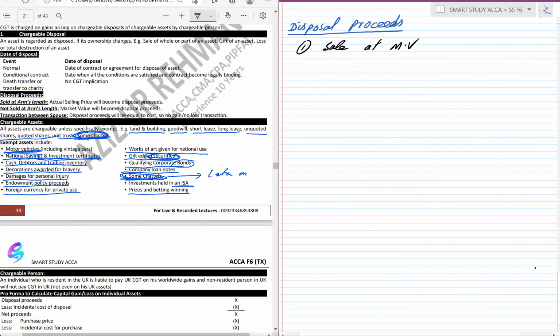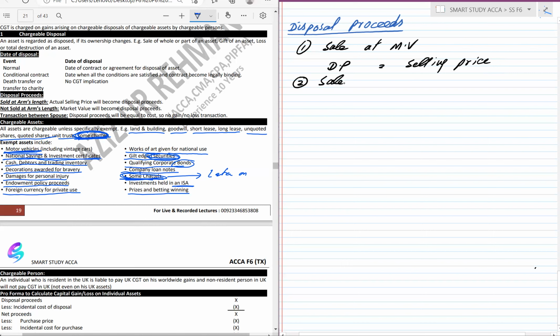If we have sold any asset at market value, in that case disposal proceeds will be the simple selling price which we have received from disposal of the asset. If we have sold an asset at market value, there is no issue at all. Disposal proceeds will be the selling price which we have received from the customer.